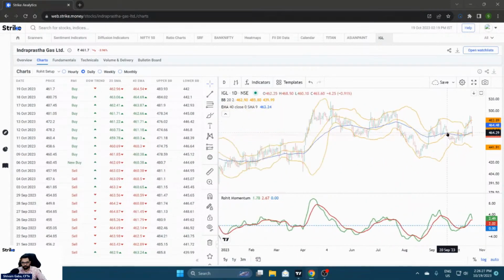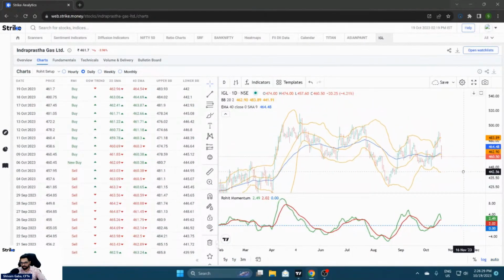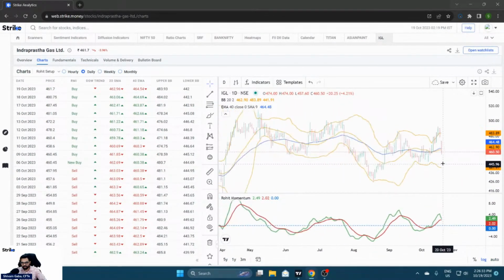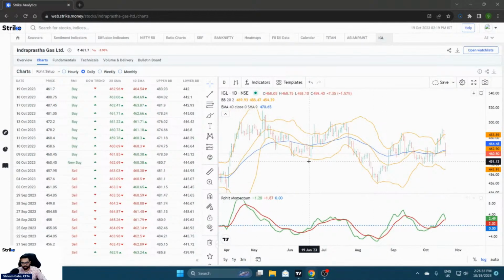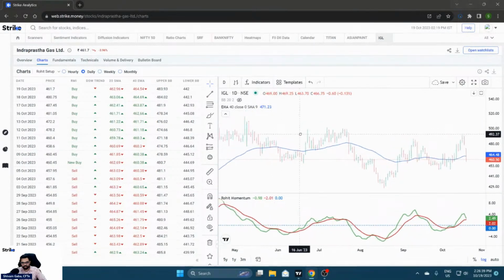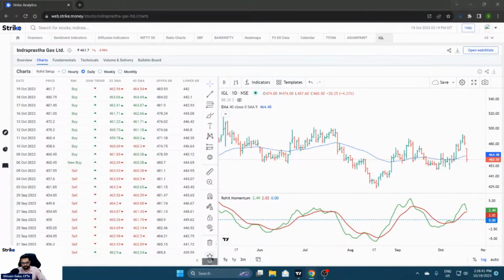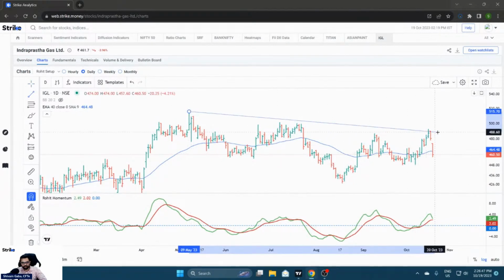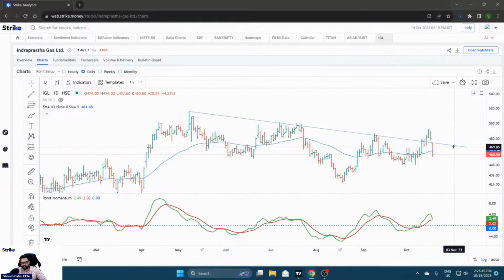If it still continues to hold on to the daily averages, then it might still go up. Just looking at it broadly, it gives a look of an inverted head and shoulders. Maybe, I'm not sure, but the neckline is quite slanting.